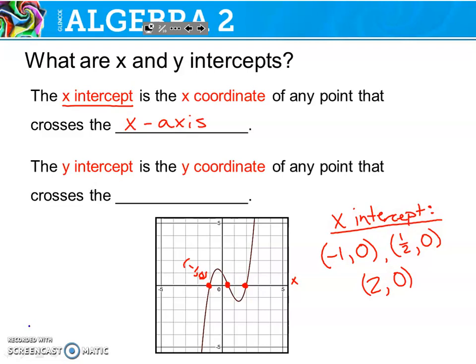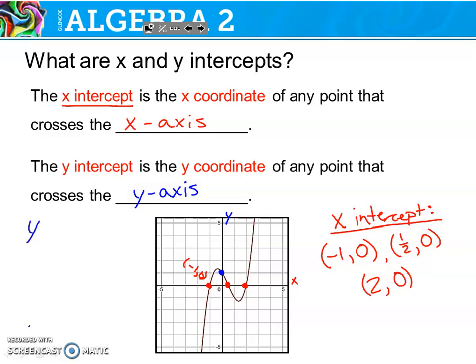Y-intercept. A y-intercept is the y-coordinate of any point that crosses the y-axis. Your y-axis is the vertical line. So where does our graph cross the y-axis? It crosses the y-axis right there.